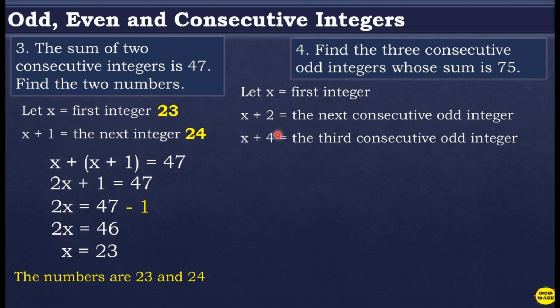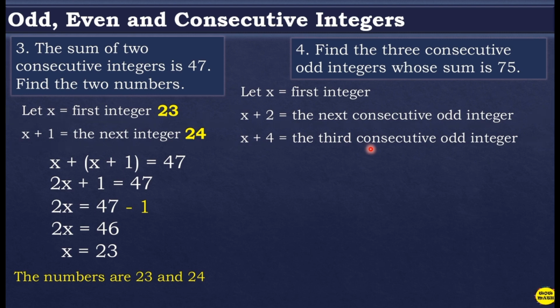Next is the third consecutive odd integer. What would it be? Again, our first number is 1. To get the second number, we add 2. To get the third consecutive odd integer, we add 4 to it.